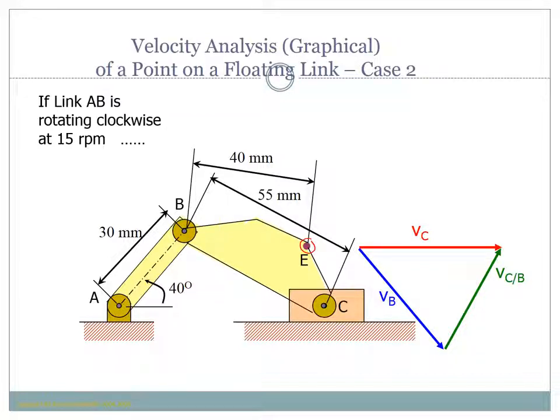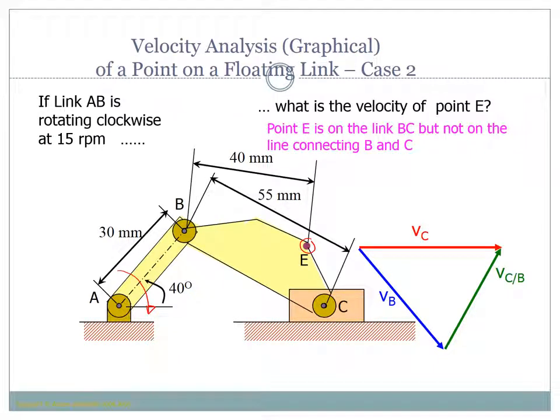Link AB is rotating clockwise at 15 RPM, in this direction. So what is the velocity of point E? The easiest is to find the relative velocity of E with respect to B.